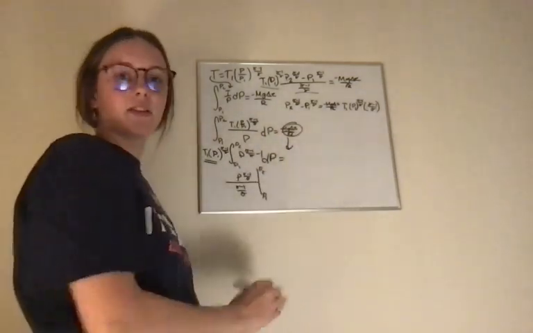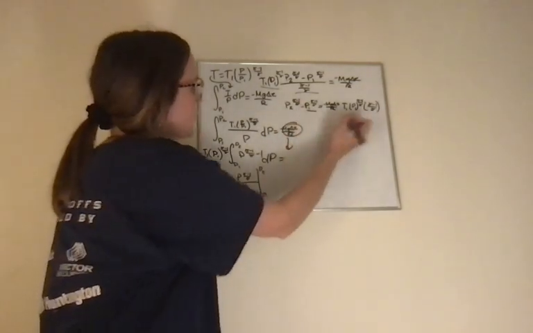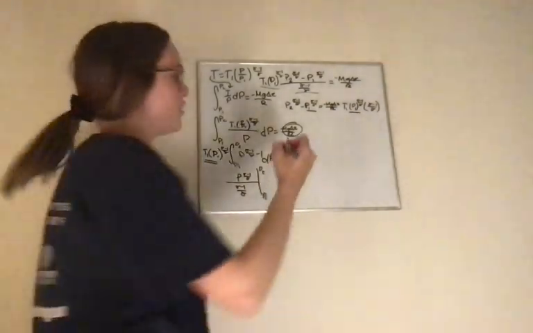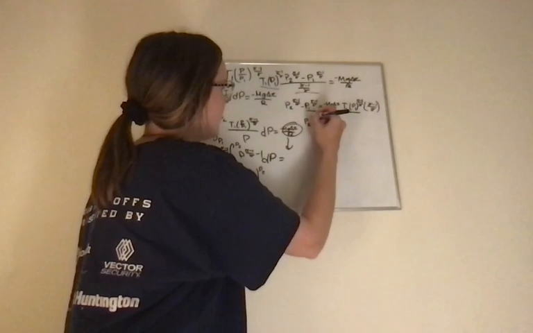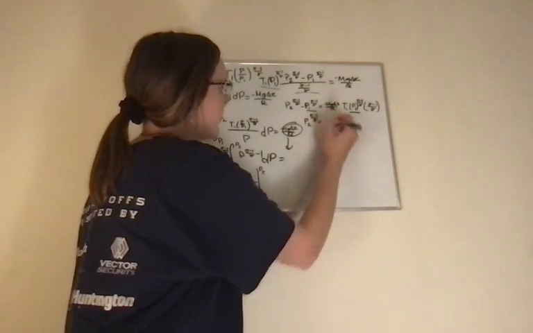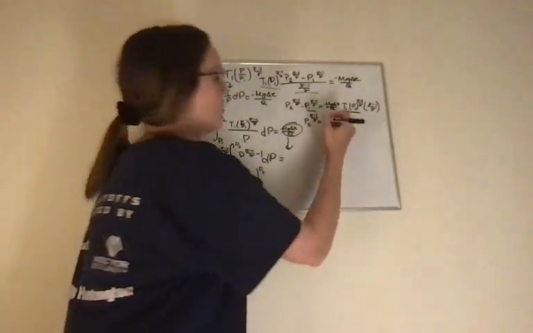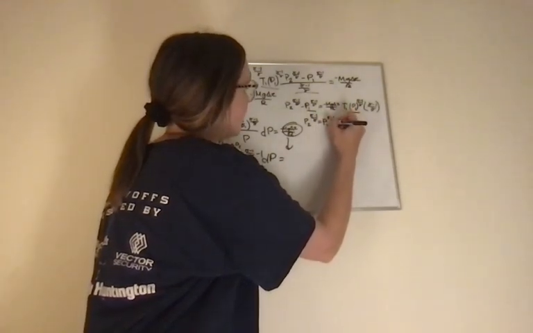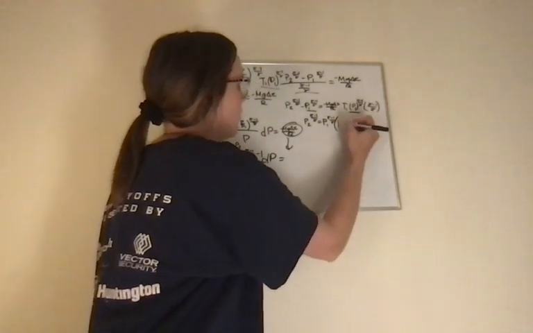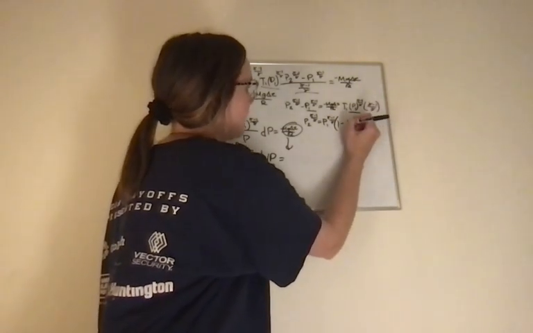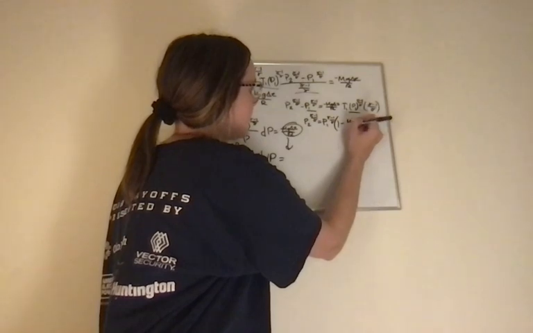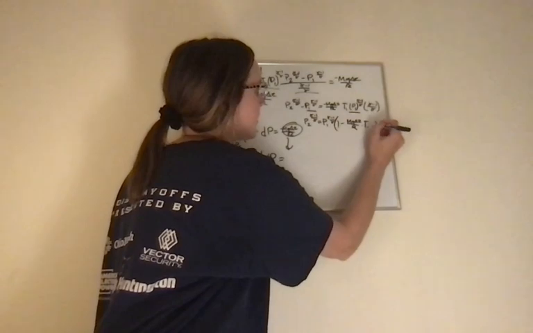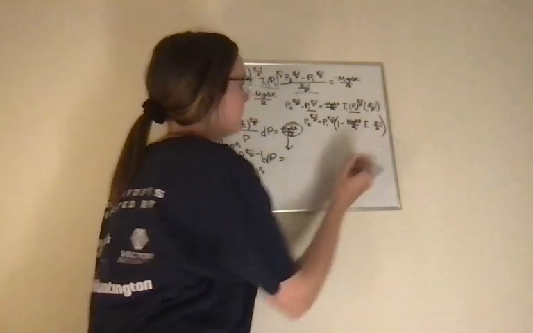And so now that we have this, we can see that this term and this term are alike, so we can combine those. And when we do that, we're going to have P2 to the gamma minus 1 over gamma is equal to P1 to the gamma minus 1 over gamma times 1 minus mg delta z over R times T1 times gamma minus 1 over gamma.